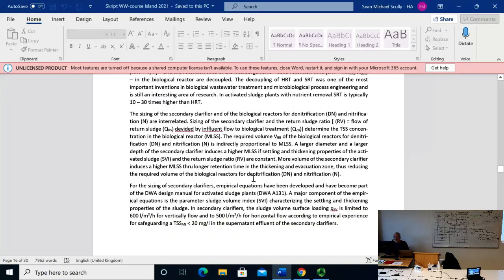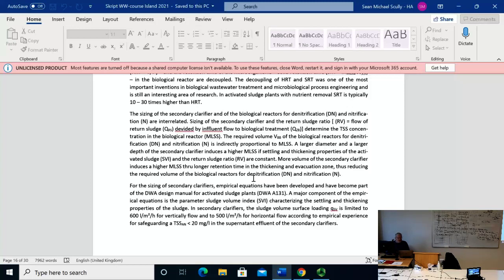Okay, sizing the secondary clarifier and the biological reactors for denitrification and nitrification are interrelated. The required size of the biological reactor is dependent on the TSS concentration we can attain in the biological reactor, because the concentration of the total suspended solids in the reactor is a measure for the concentration of the microorganisms.